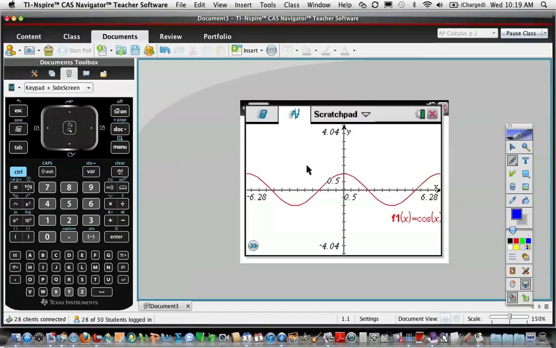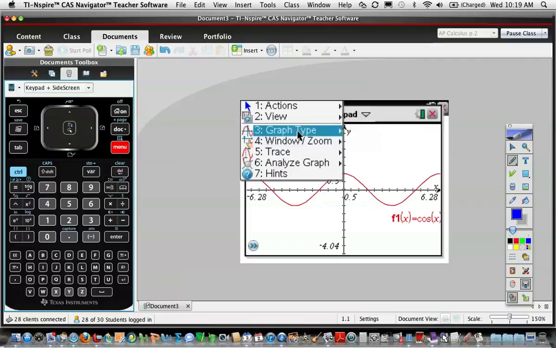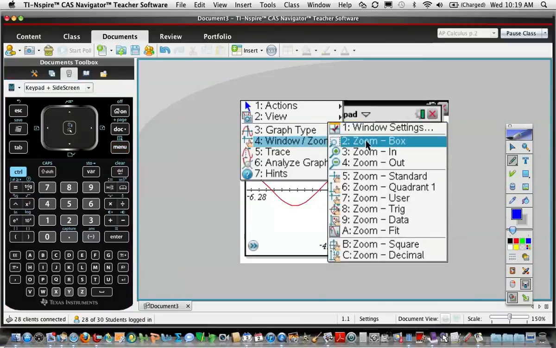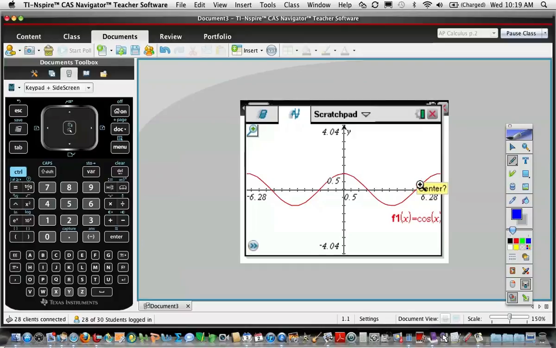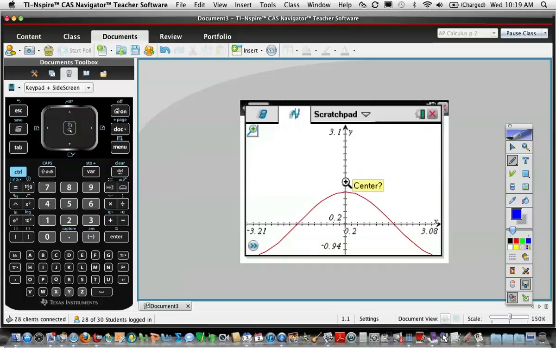And so what we'll do is we'll go into our window, we'll go to zoom in. Now, when you go to zoom in, you get this little magnifying glass that asks for the center. Where do you want to zoom in at? Well, what you do is you just place that over top of where you want and click.